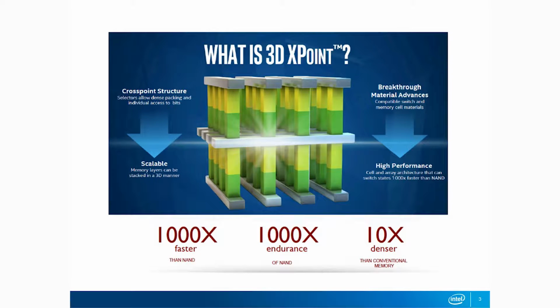So why do I mention this now? In July 2015, Intel announced 3D crosspoint technology. It is expected to be much faster and much more durable than traditional SSD and denser than conventional RAM memory.